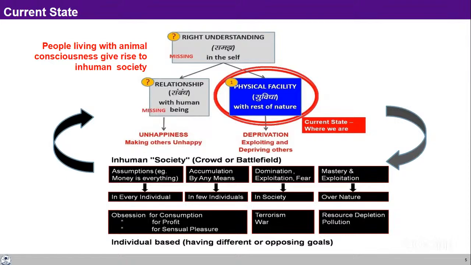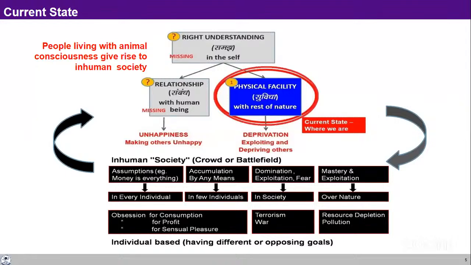So instead of prosperity, they will have a feeling of deprivation. Instead of mutual happiness, there will be a feeling of unhappiness. So what will happen? Such individuals will be making others also unhappy.